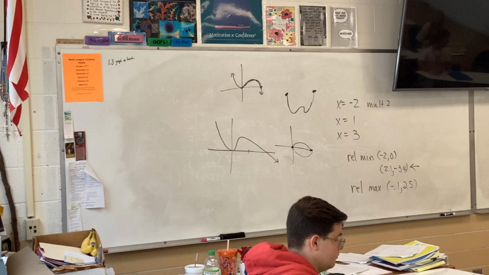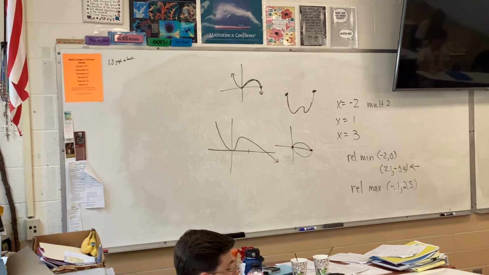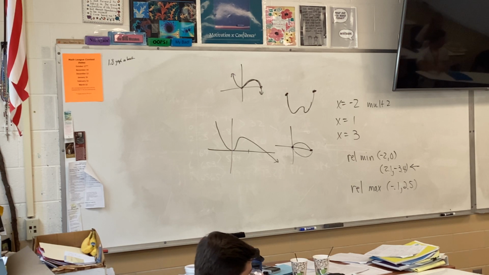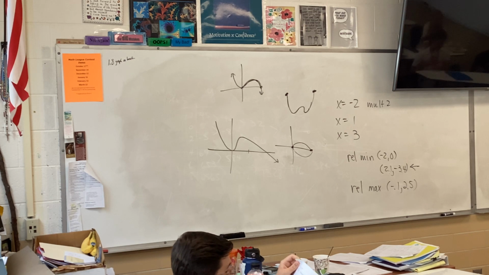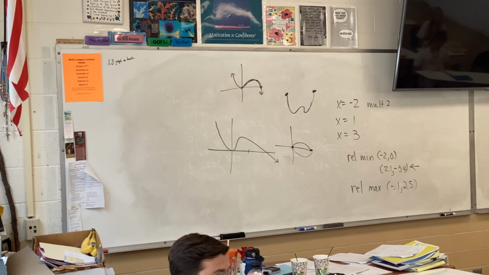If you have your work shown somewhere, I want to look at it, and I will consider giving you some points back. So if you have that, you need to come see me. Otherwise, you need to figure out what you were thinking when you made some of the mistakes that you made.